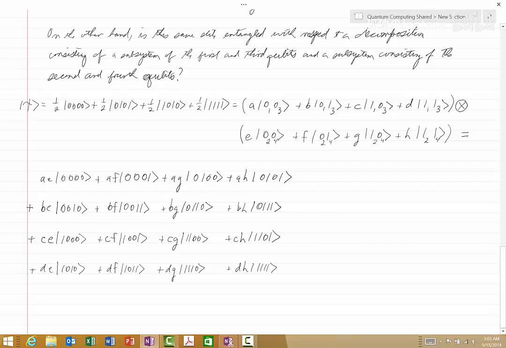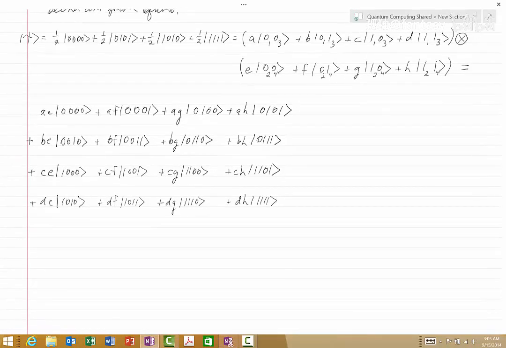And now, as usual, we compare the left-hand side with the right-hand side, and we conclude that AE must be equal to 1/2. And let's see, the 0101 term is AH.